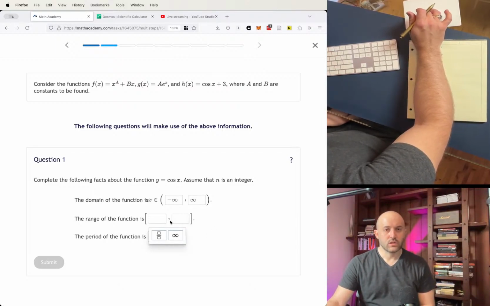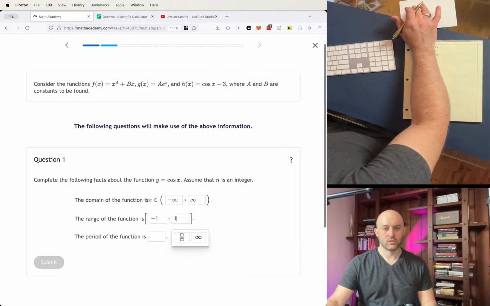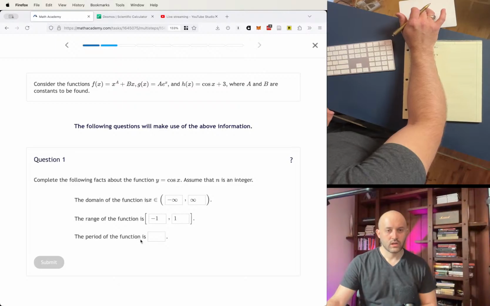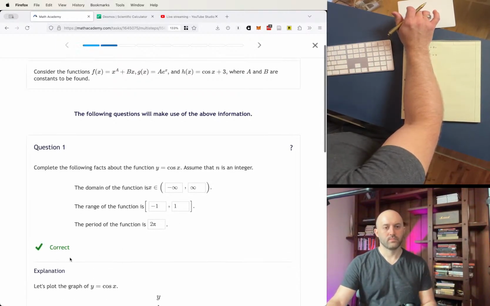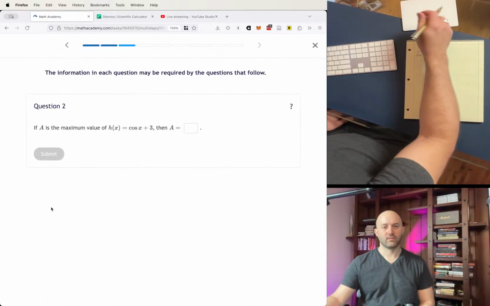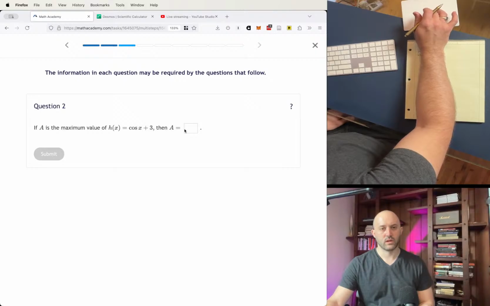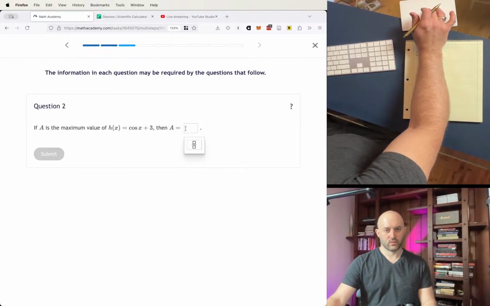The range is minus 1 to 1 inclusive. The period of the function is 2 times pi. Nailed it. Alrighty. a is the maximum value of h of x, cosine plus 3. Then a equals, max here is 1, and plus 3 is 4.